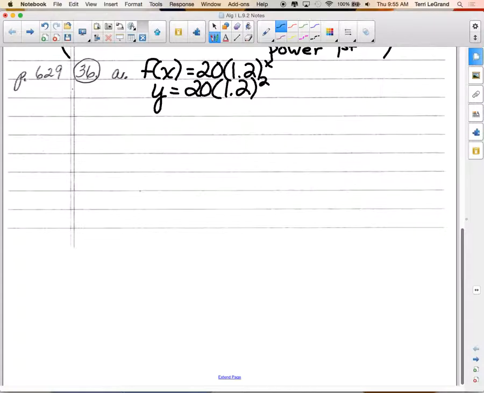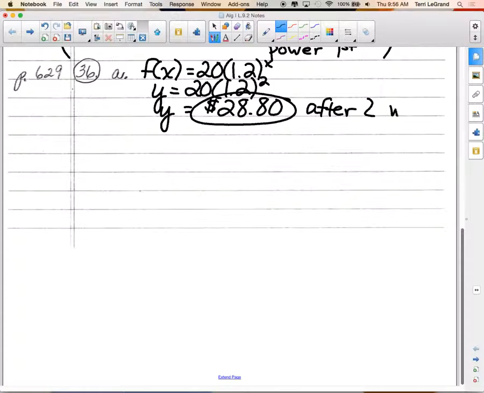To the nearest cent, which would be the nearest hundredth. $28.80. $28.80 is the value of the coupon after 2 weeks. Okay, that was the question asked.